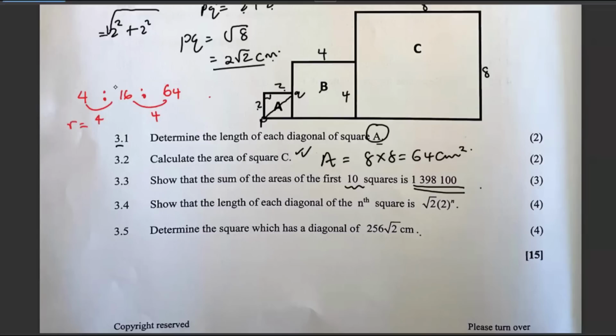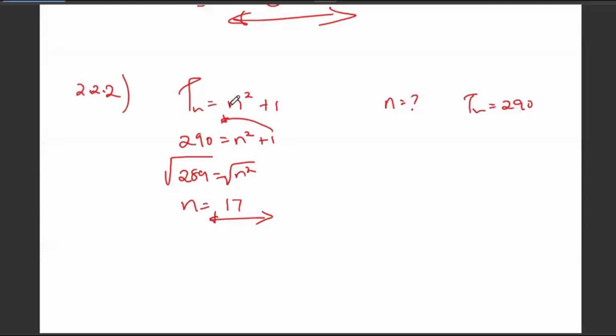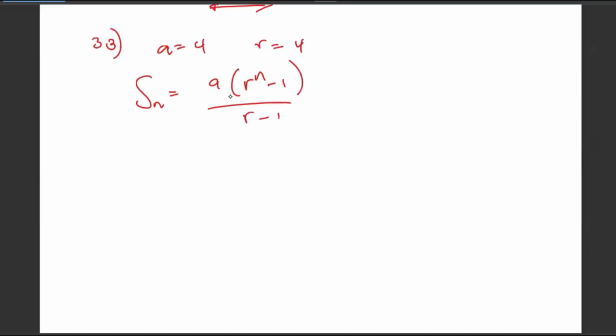So they want us to get the sum of the first 10 terms. I'll write it aside and say this is 3.3. Our a is 4, the common ratio is 4. So the sum will be a times r to the n minus 1, over r minus 1. So S10 is going to be 4, open brackets, 4 to the exponent of 10 minus 1, over 4 minus 1.